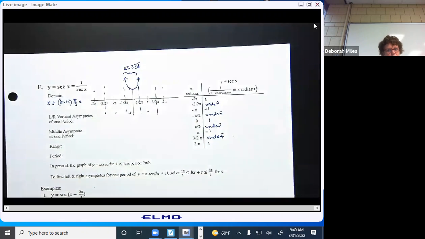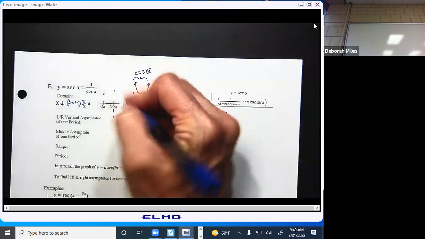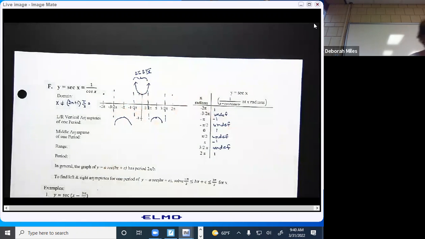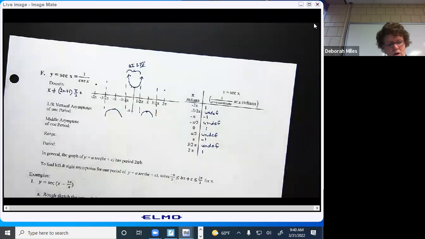I can pretty much guess what the rest of that graph is going to look like. It's going to have a concave up U, a concave down U, just like cosecant did, but in a different place. So here's the concave down. Here's a concave down. That's part of a concave up. That's part of a concave up.